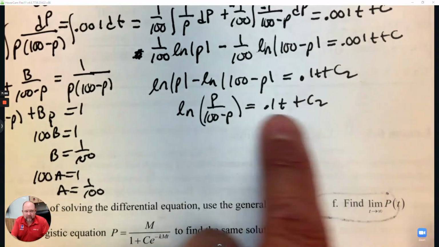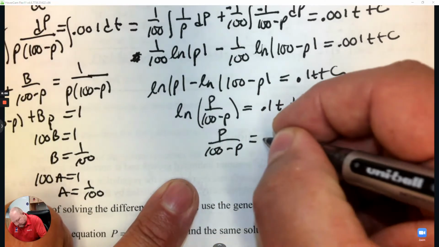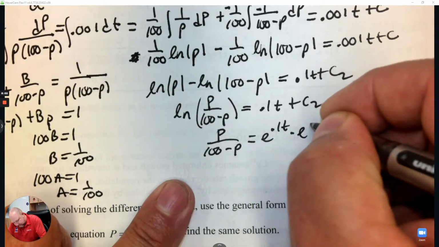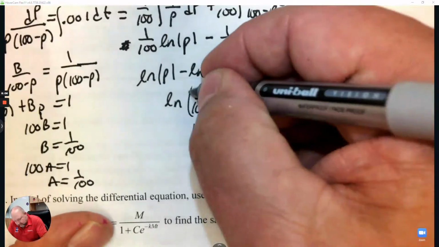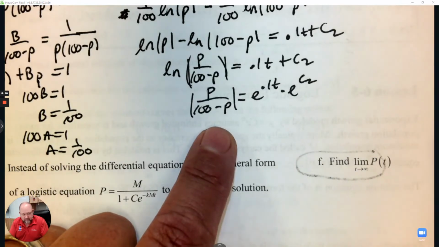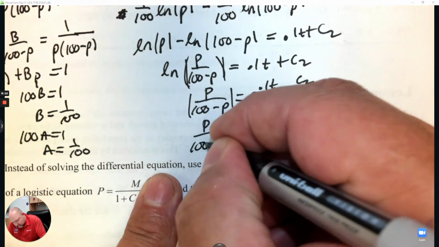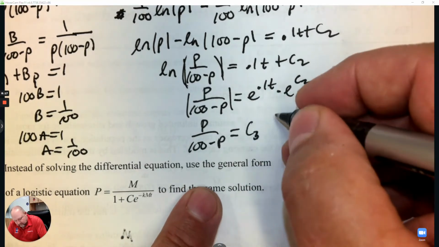Now to solve this logarithmic one, we're going to write it exponentially. We still have these absolute value bars in here, but we know we can remove the bars and then just rename the constant. We'll call that C3.